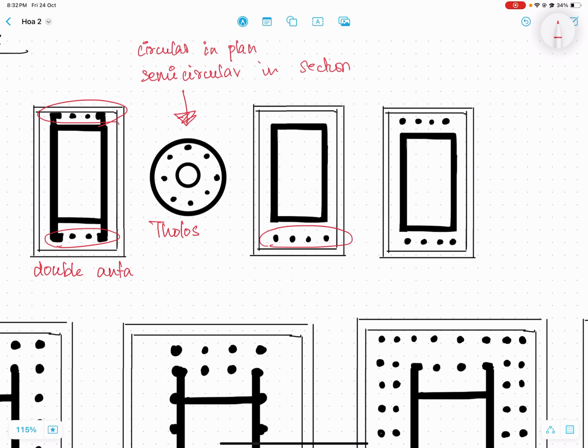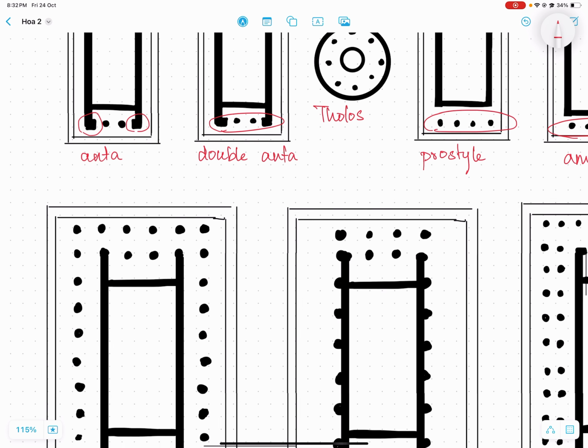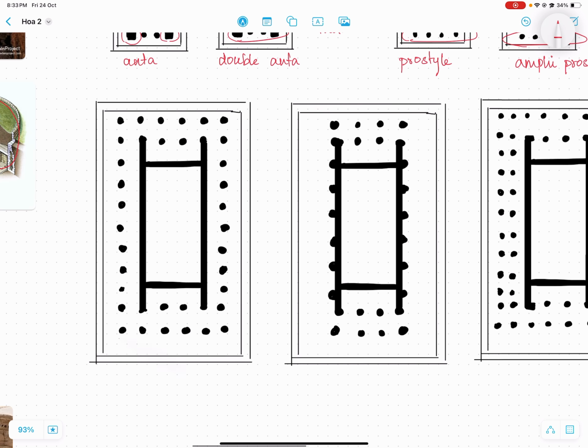In the facade alone, it is called prostyle. Freestanding columns on the front facade and the back side is called amphiprostyle. Freestanding columns around the perimeter of the building is called peripteral.